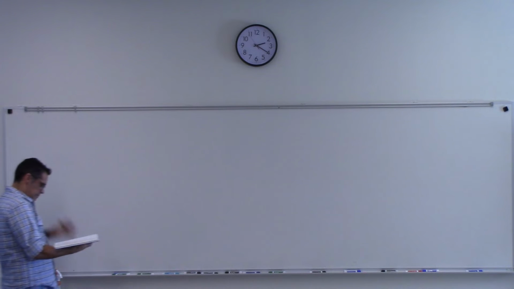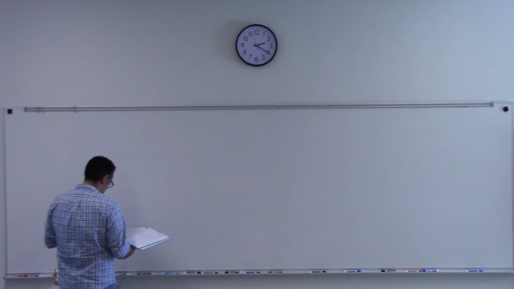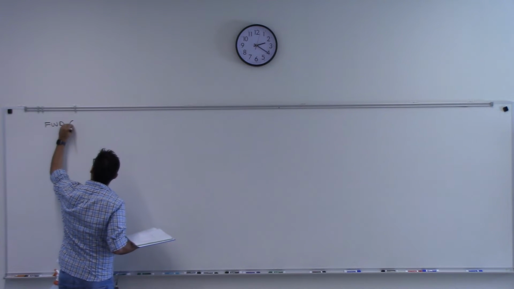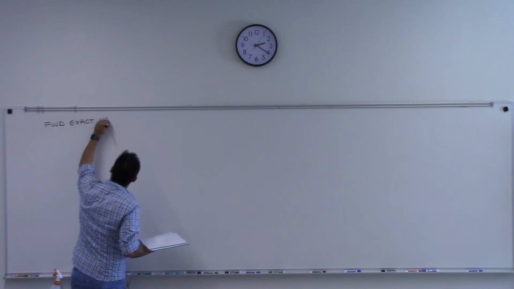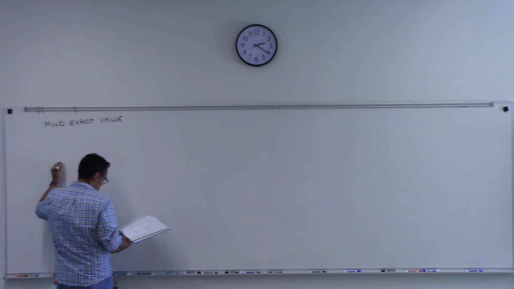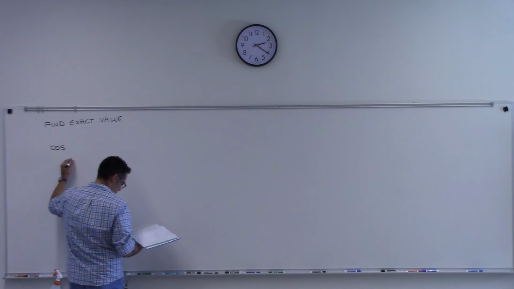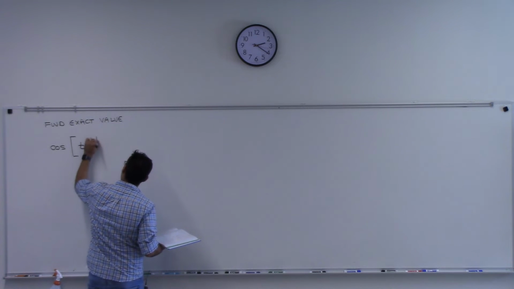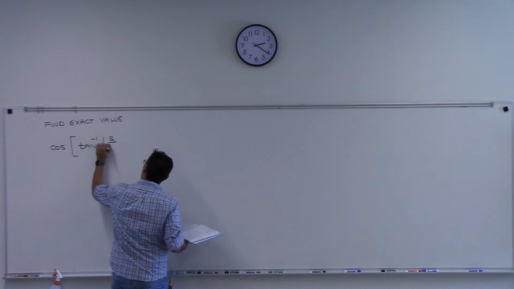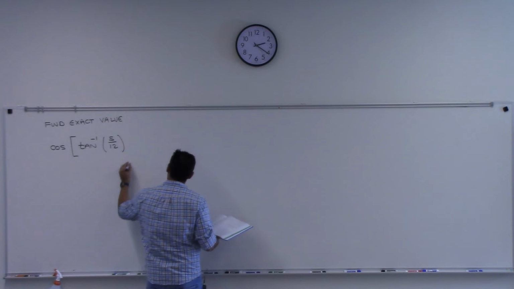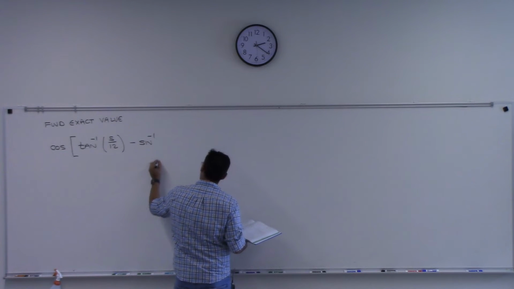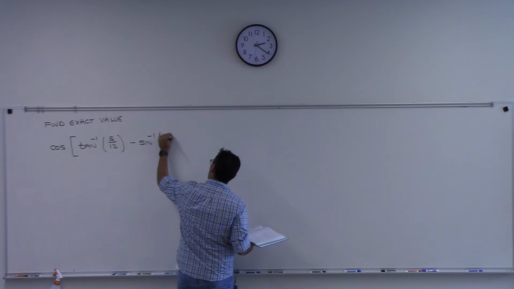This, however, is. I would like for us to find the exact value of cosine of, I'm just going to write it the way the book writes it, bracket of tangent inverse of 5 over 12 minus sine inverse, not sure why they put this one in parentheses, of negative 3/5.